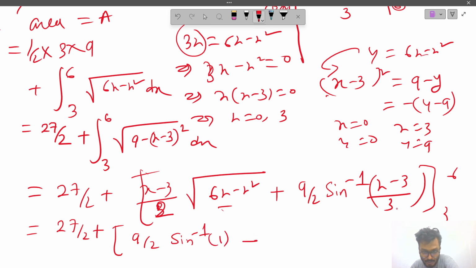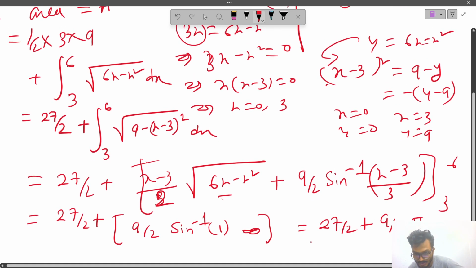So minus, when we put 3, this will again be 0. So this will be 27 by 2 plus 9 by 2 into pi by 2, right? So this equals 27 by 2 plus 9 pi by 4.